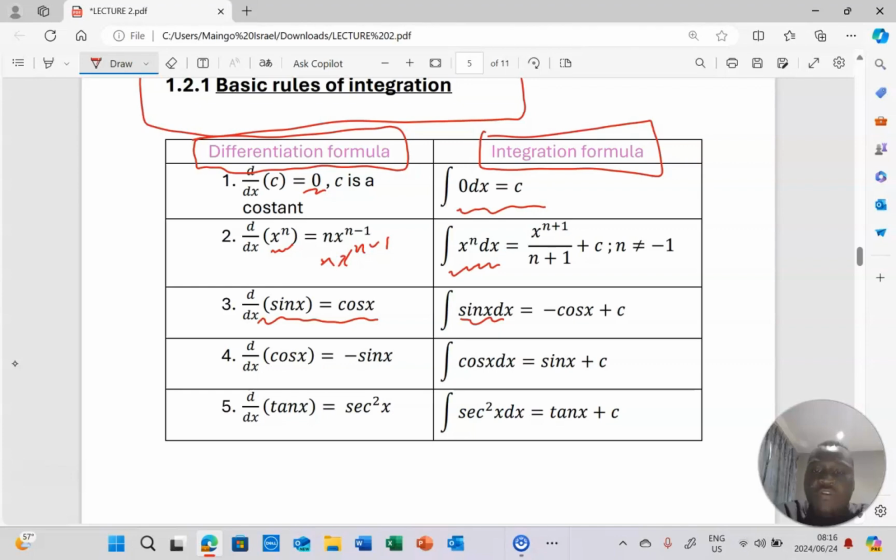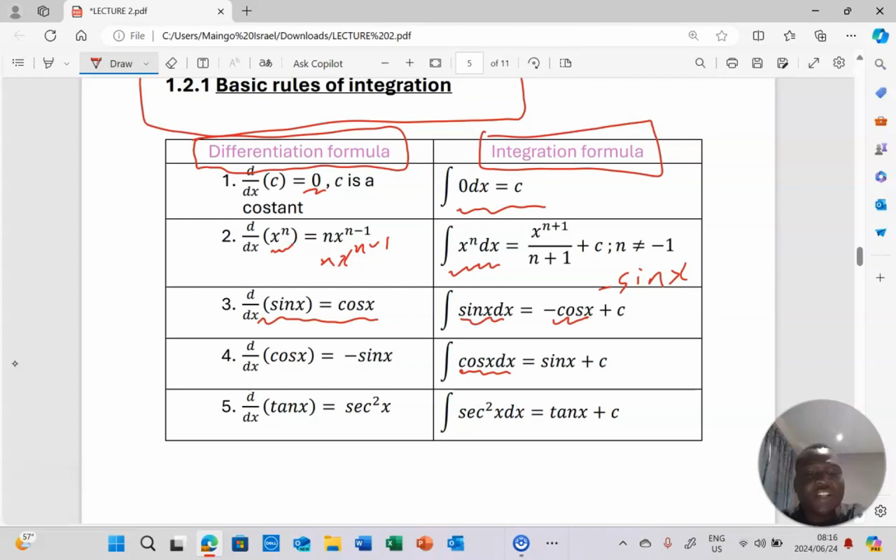When we differentiate cos, we get negative sine x. So we need negative of cos, plus a constant. Similarly, the derivative of cos x is negative sine x, but the integral of cos x dx is equal to sine x plus c.